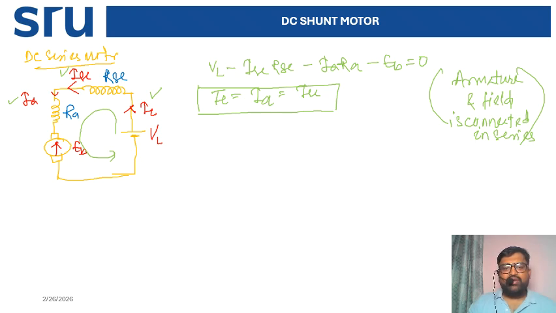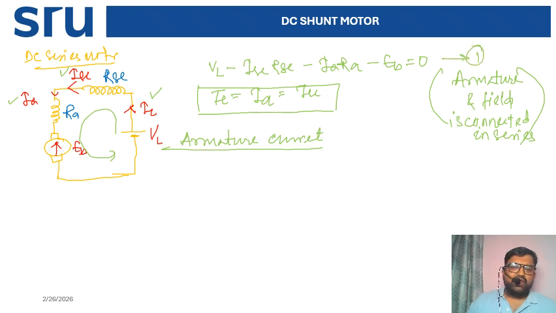If all the currents are equal here, then can I write the simplest equation to find the armature current? Again, what I have written in equation 1, due to the equal currents, in place of IAC I am writing IA. VL minus IA into RAC minus IA into RA minus EB equal to 0.